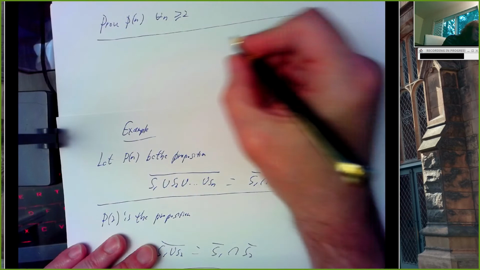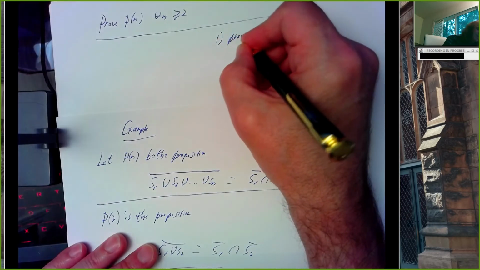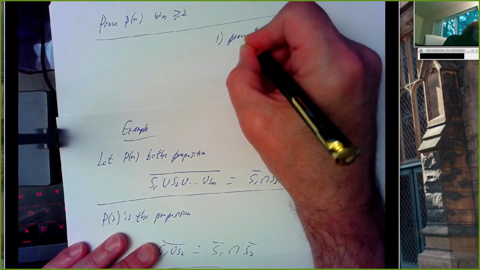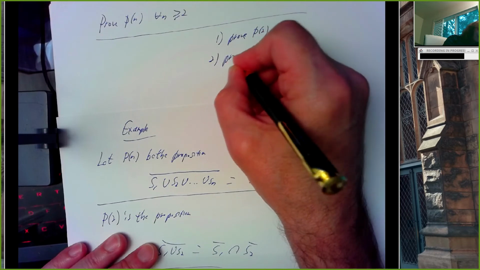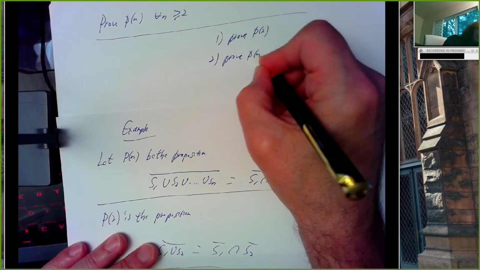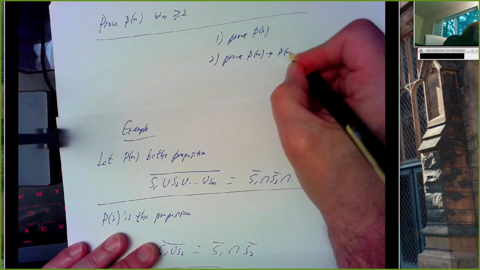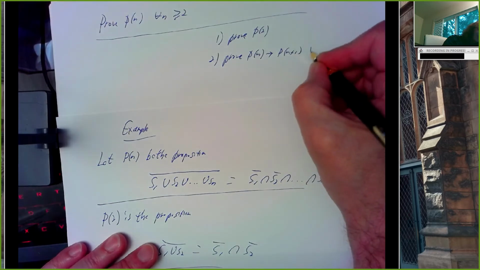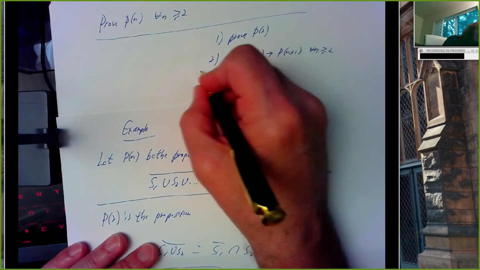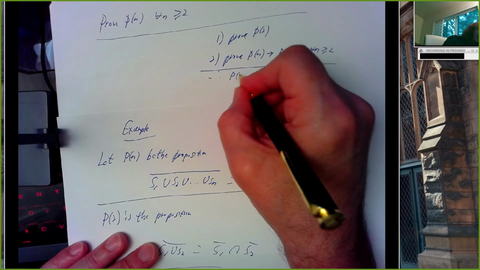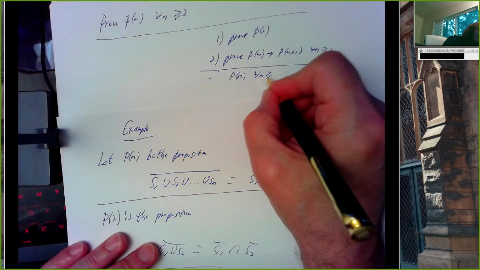Mathematical induction claims that I can do the following. If I can prove P of 2, and if I can prove P of n implies P of n plus 1 for any n bigger than or equal to 2, then I can conclude P of n is true for all n bigger than or equal to 2.